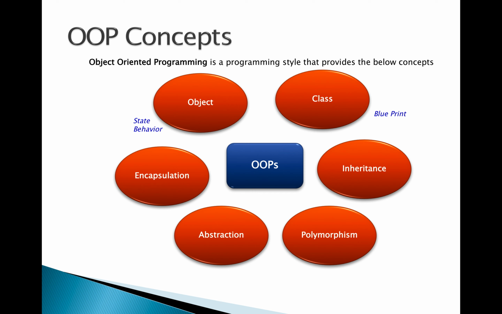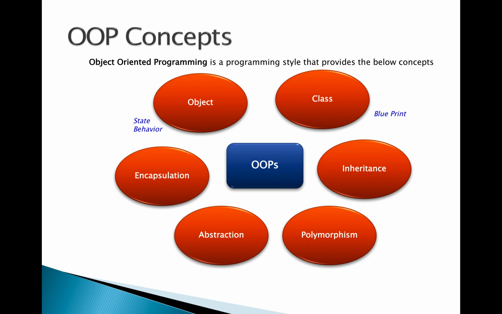Whenever I define that skeleton, any object of the class will have those properties. So I define that if you have to be a person, you should have these properties and these behaviors. That is what comprises a class. A class is a representation of an object. It's a blueprint, where we say this is how the object will be, and the object is the actual entity which is created from the blueprint.